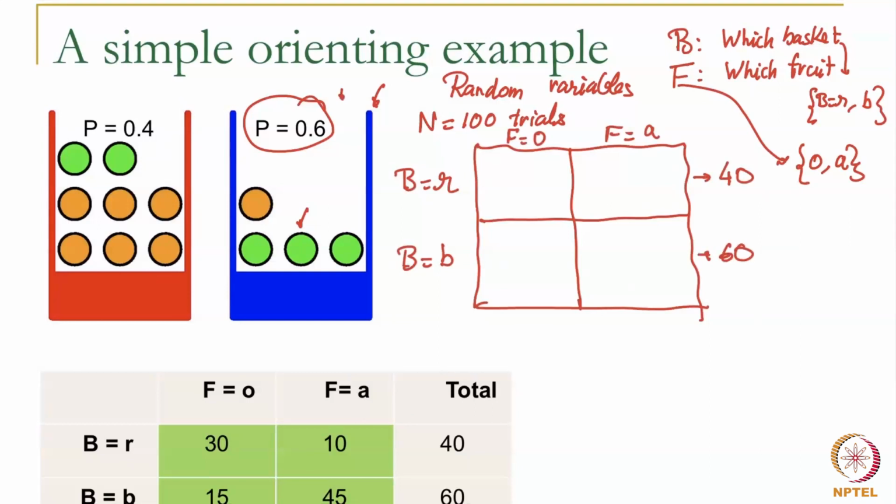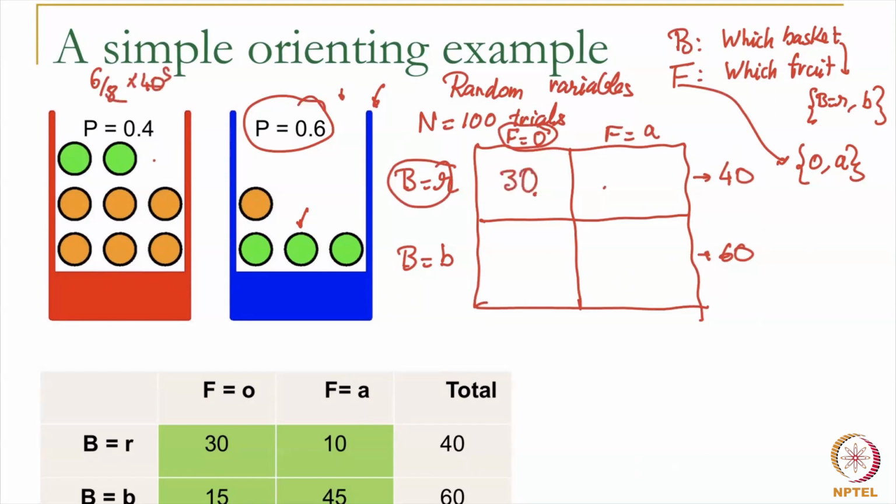Okay. Now, within this 40, what is the possibility that I got an orange? That is, the basket was red and I picked an orange. Now I come here, I see, okay, orange is 6 by 8 of the fraction of fruits here. So the probability of picking an orange is 6 by 8, given that I have already picked up the red basket. So 6 by 8 into 40 of the cases, which comes to 30.